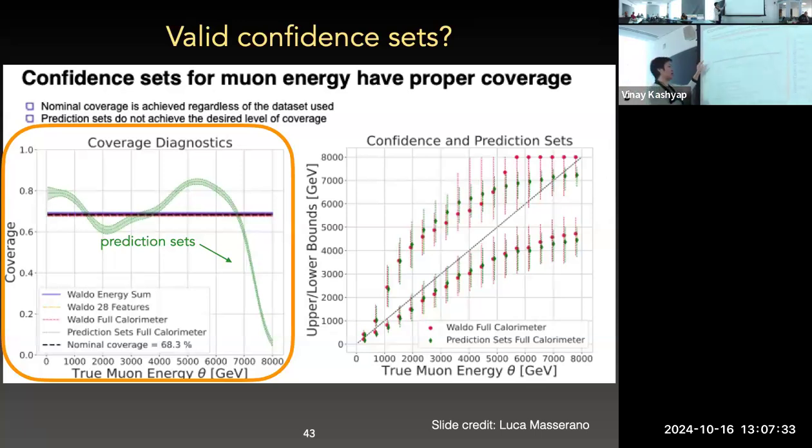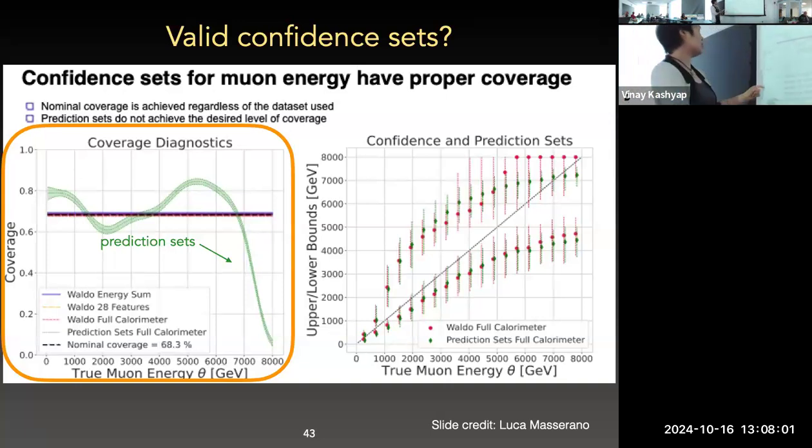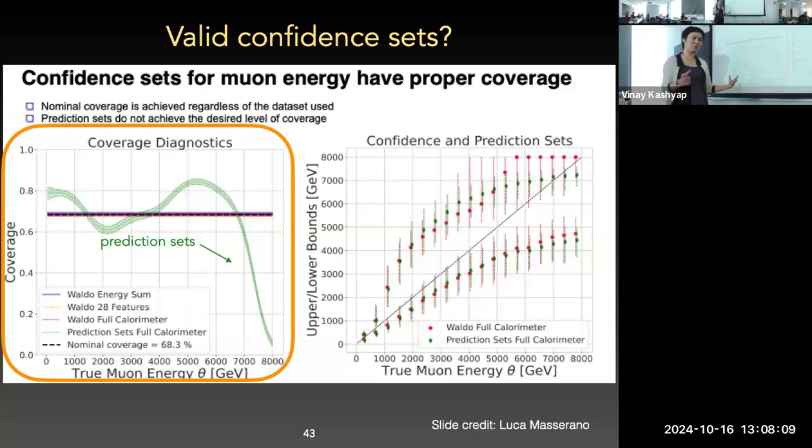And here you can see the coverage diagnostics. So basically, we form our confidence sets, and then we see what the coverage is as a function of the parameter, in this case the parameter space is one-dimensional, for different energies. We actually use just Monte Carlo simulations, because in one dimension we can do tomographic binning basically. And then we can see, is the actual coverage right? What you look at here are the prediction sets you form, at 68%. That is for historical reasons, they want 68% confidence sets because they're one sigma, right?